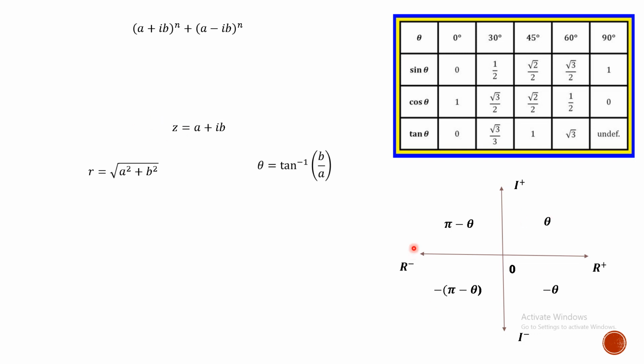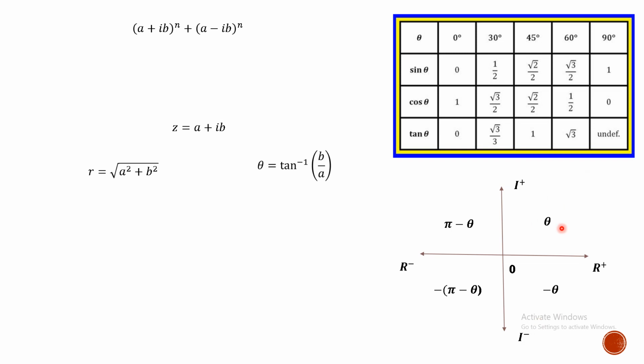If it lies here, we follow the formula pi minus theta. If it lies here, we follow the formula minus theta. Like that we do for these two quadrants also.